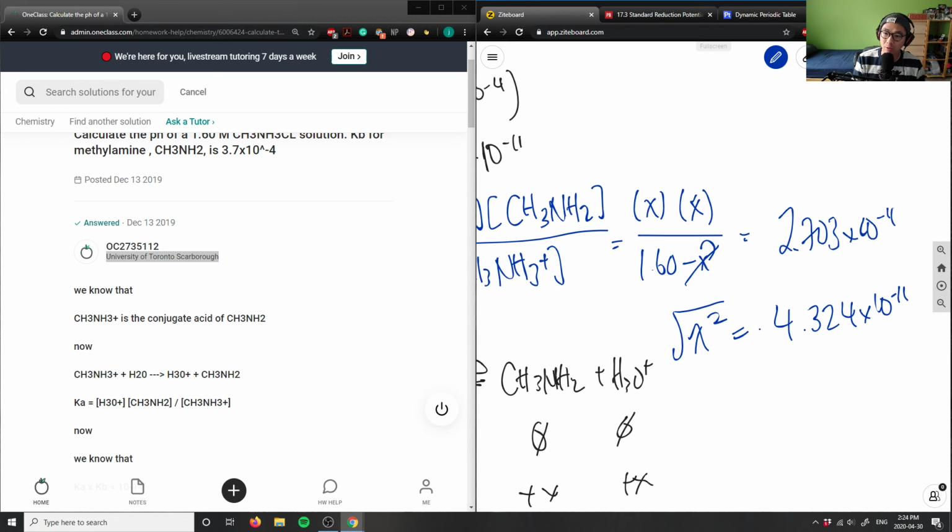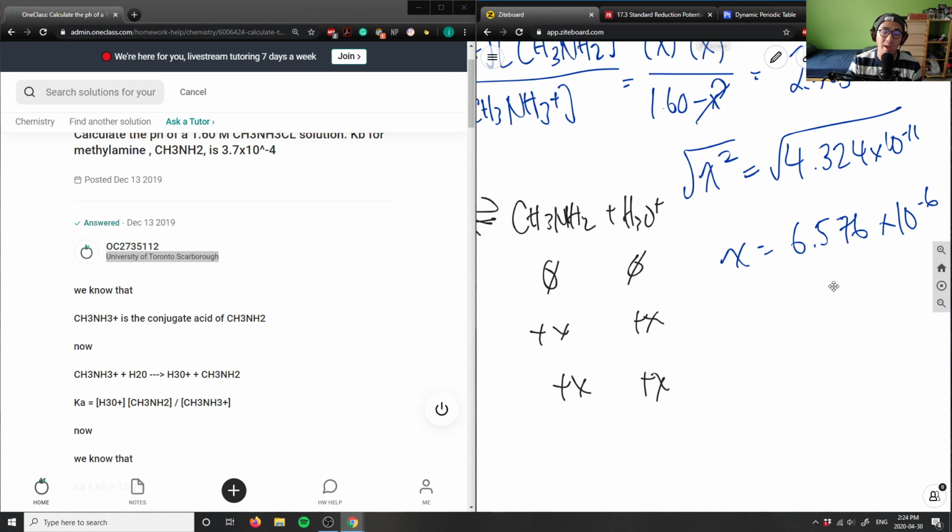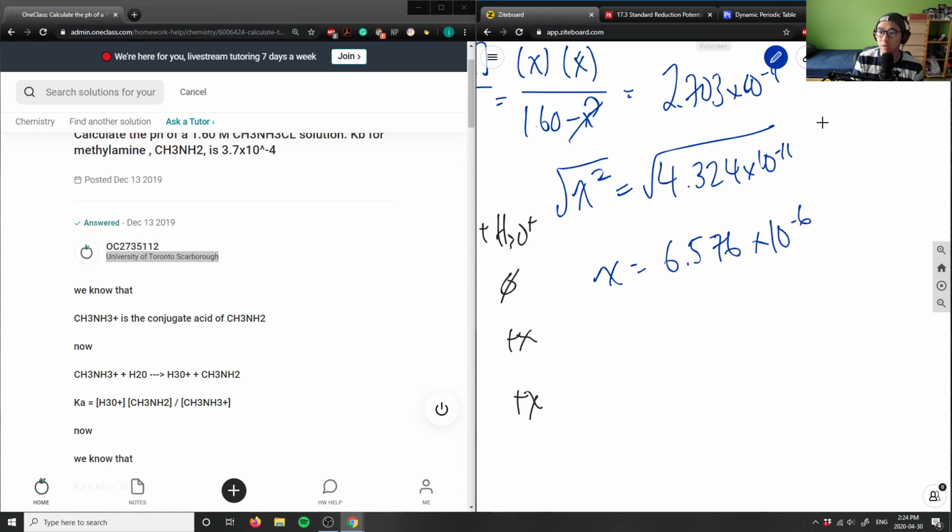And I'm going to square root both sides to get my x value. I square root this number and get 6.576 times 10 to the negative 6. This is my x value, which is my concentration of both my hydronium and CH3NH2. So this also becomes the concentration of my hydronium ion.